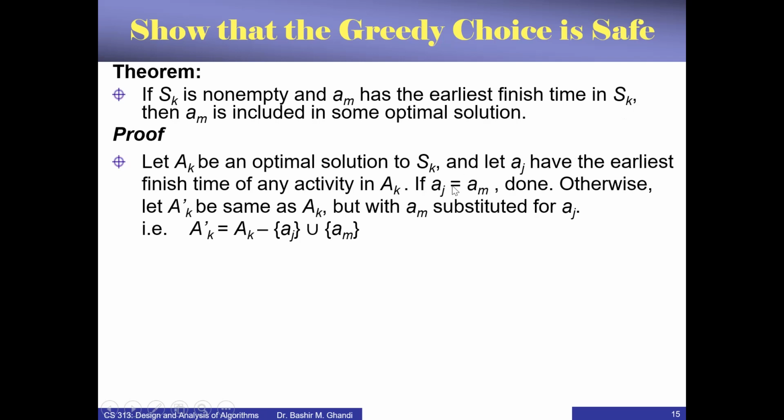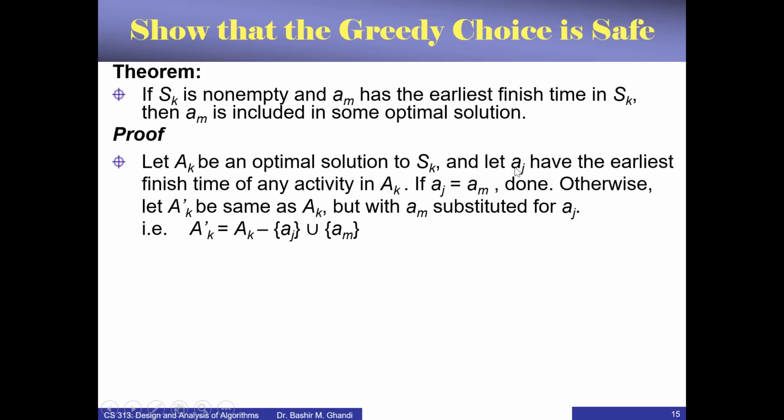But suppose it is not. Suppose AM is not equal to AJ. Let A prime K be the same as the optimal subset AK, but with AM substituted for AJ. Remember we said AJ is the earliest activity to finish in Sk.